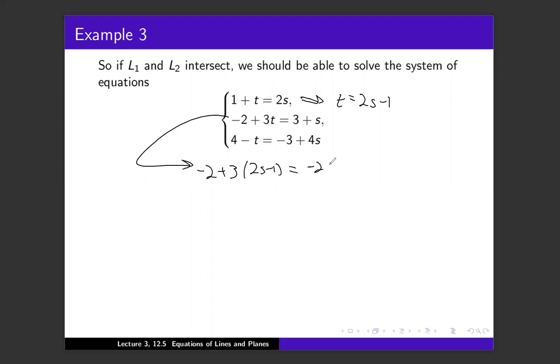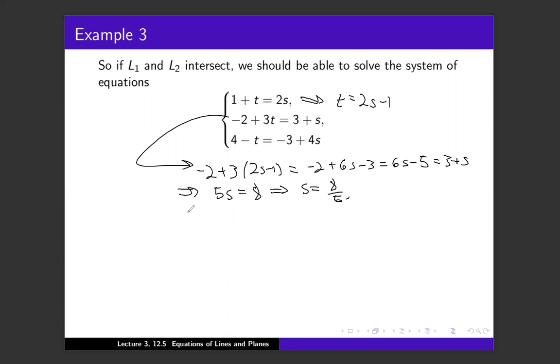That's going to be -2 plus 6s minus 3, or 6s minus 5. But we're told that that's the same thing as 3 plus s. To put that another way, that means that 5s must be equal to 8. Well, that's only going to happen if s is equal to 8 over 5.